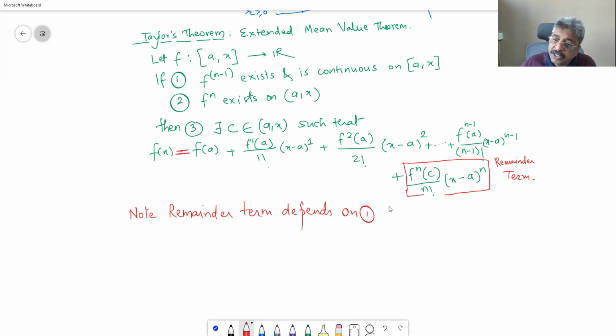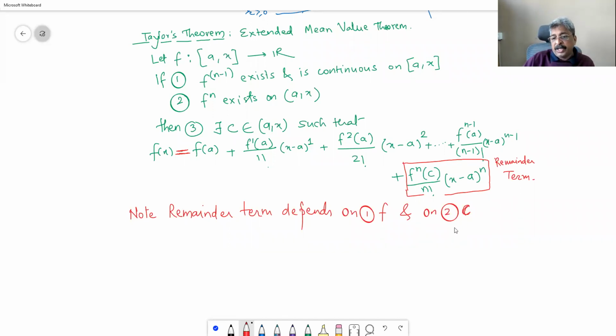One, the function itself, f, because the nth derivative of f is to be evaluated at c. So it depends on f and on the value of c, x is equal to c. It depends on these two quantities, which is fine.